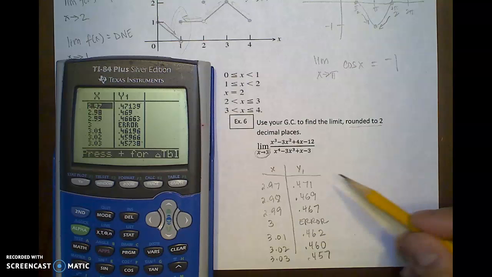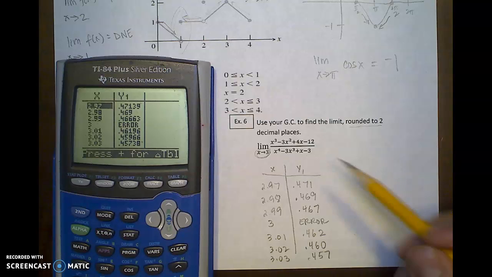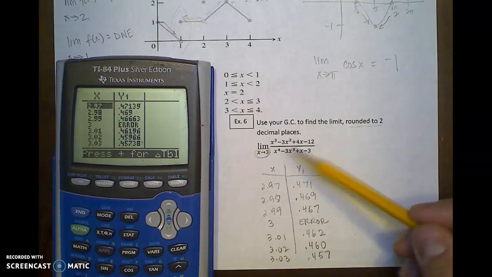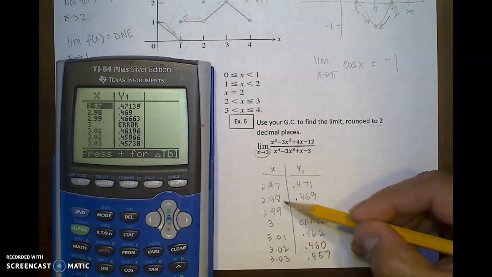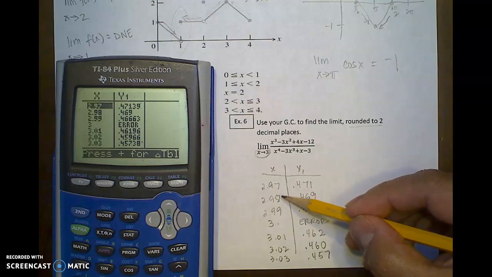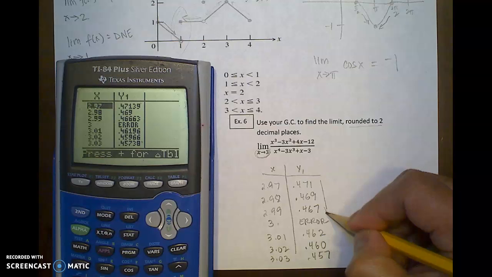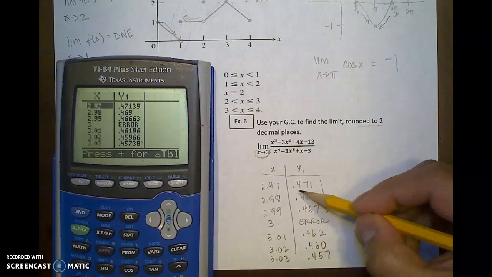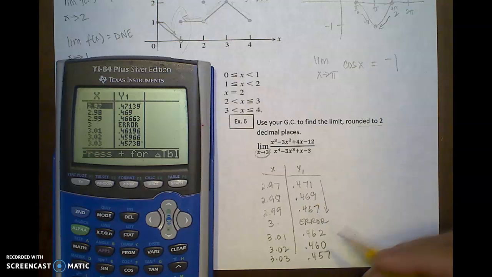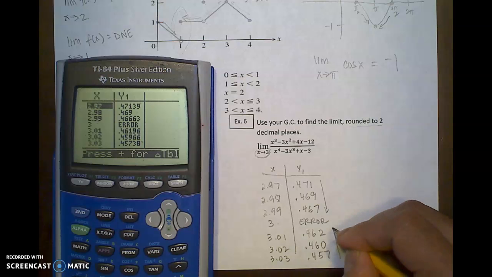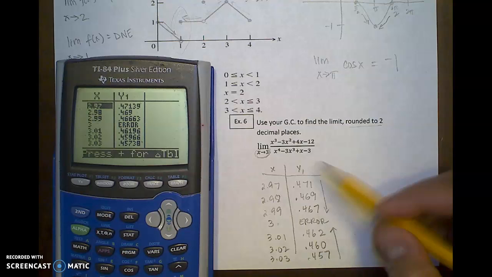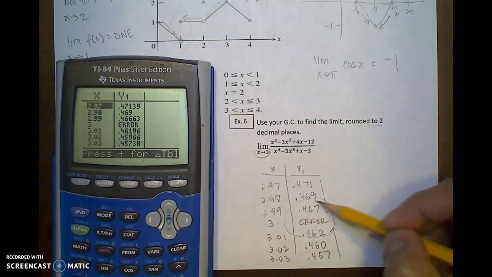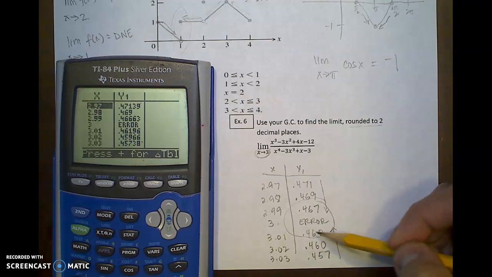Alright, so here's the table that you want to include in your homework. Again, we want to find the limit of this function as x approaches 3. So here's 3. As we're coming in from the left, we start with the smaller values and move towards 3. You see that our output values are shrinking. Coming in from the right, from the bigger values than 3, our y values are growing. Looking at this middle section, where is this all going to go?